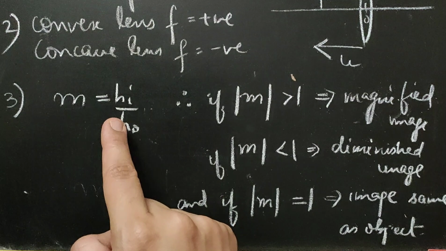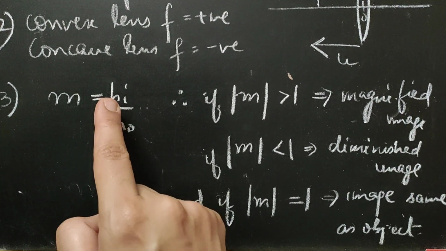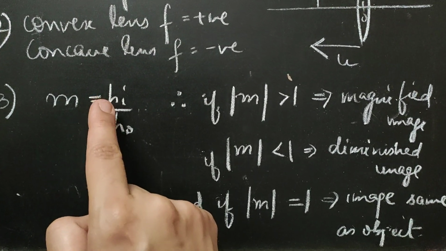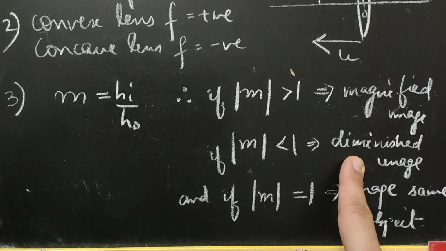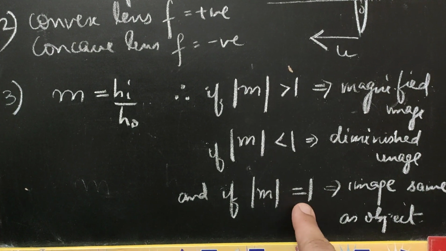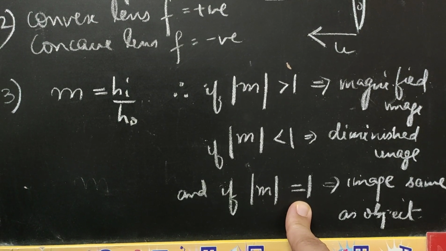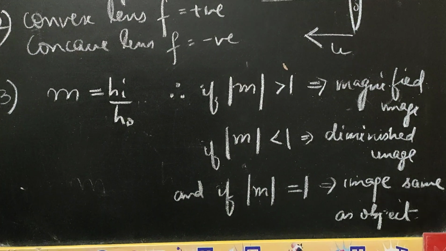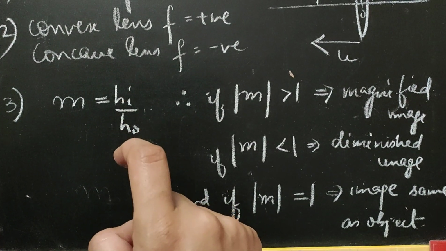Coming back to the formula, if this fraction is less than 1, it simply means that the numerator is less than the denominator. So that means the image height is less than the object height. So diminished image. And if at all the value is 1, again not bothered about the sign, this means in this fraction the numerator and denominator are equal.